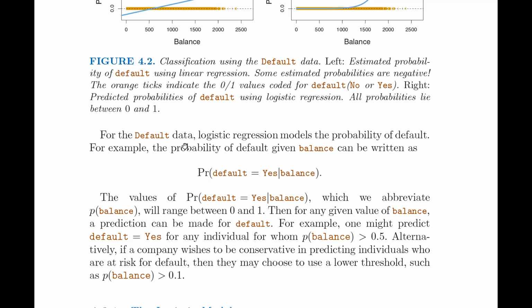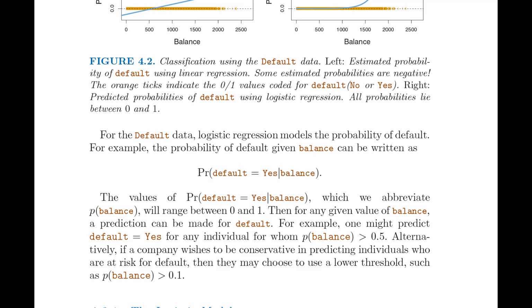For the default data, logistic regression models the probability of default. For example, the probability of default given balance can be written as probability default equals yes given a specific balance.